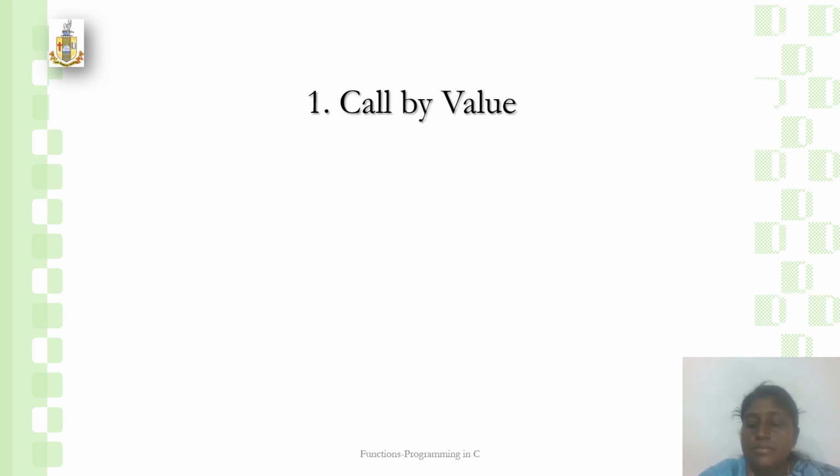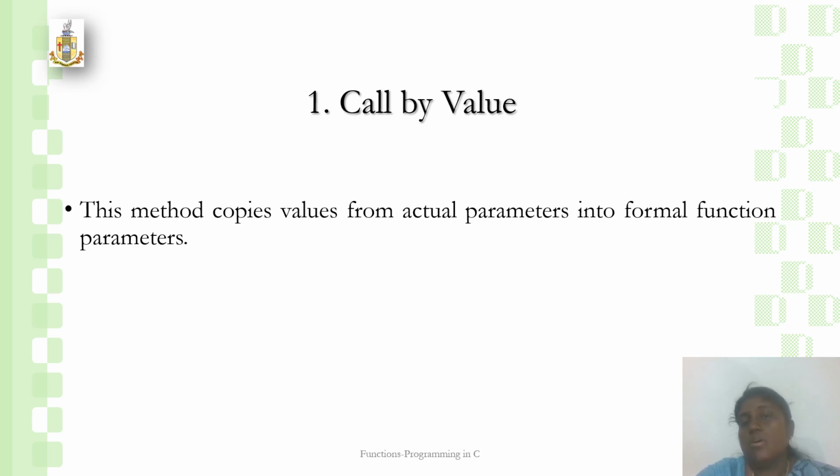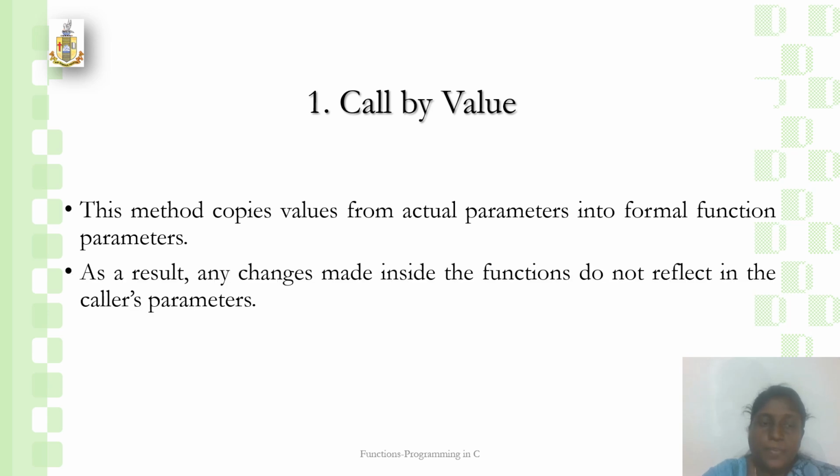The first one is call by value. This method copies values from the actual parameters into the formal function parameters. Whatever we mention in the function call, the actual parameters, will be copied to the formal parameters of the function.